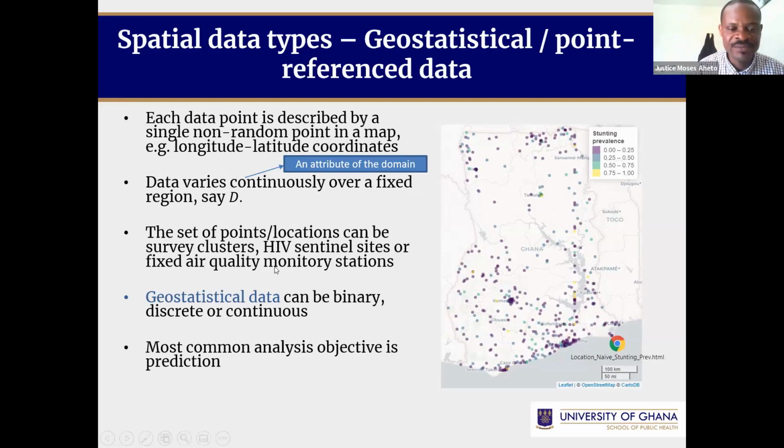Okay. Then you can also have HIV sentinel sites or fixed air quality monitoring stations across Ghana or any other country. What matters is that you have information on the latitude and the longitude, and that any measurement taken from those locations can be mapped onto them. That's the whole idea about geostatistical data. So here the geostatistical data can be binary, discrete, or continuous. And the most common analysis objective is to do prediction, because you might not just want to report the values at the sample locations.